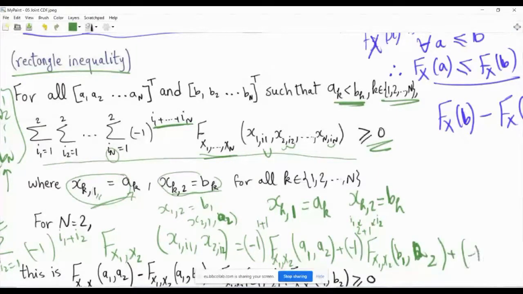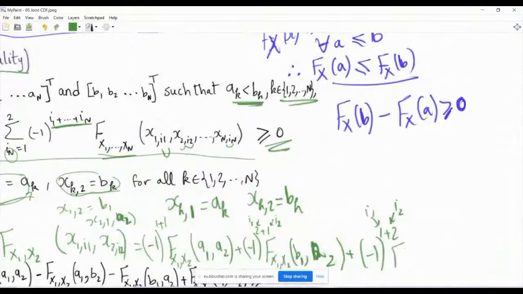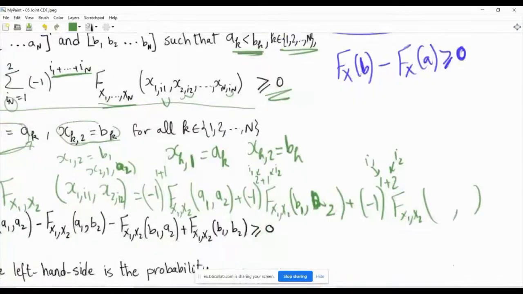Then we have, let's make this guy 1 and the other guy 2. So this will be I1 and this will be I2. Fx1,x2. What do we have here? Again, the first guy is x1,I1. In our case, I1 is equal to 1, so it is x1,1. If the second index is 1, we are talking about the A's, A1.